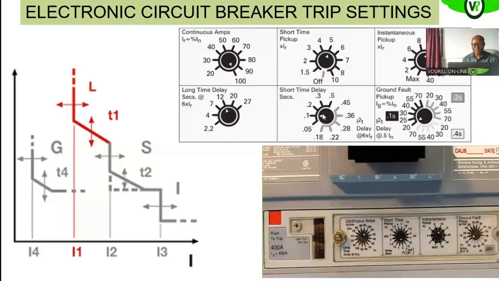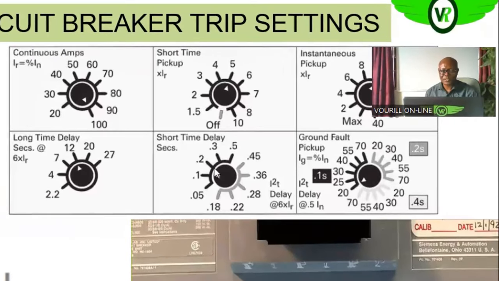So for the short time delay, we have two different selections or settings. Here is the short time delay, from 0.05 seconds to about 0.5 seconds. Then this is the I square T ramp up, which means the rate at which the current is increasing affects the amount of time.